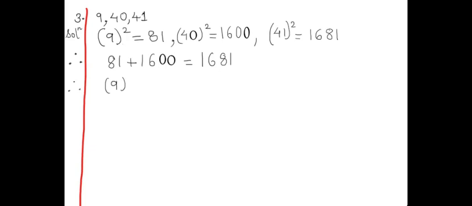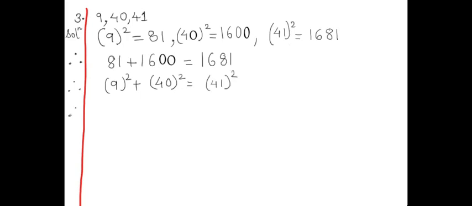Yes. 9 square plus 1600. 1600 is nothing but 40 square. Yeah. So we are going to write 40 square is equals to 1681, which is nothing but 41 square. Yes. So we are going to write is equals to 41 square. Yes or no?